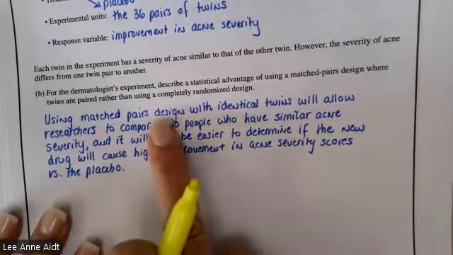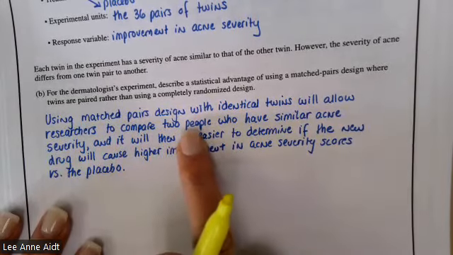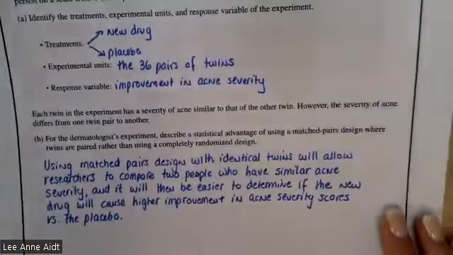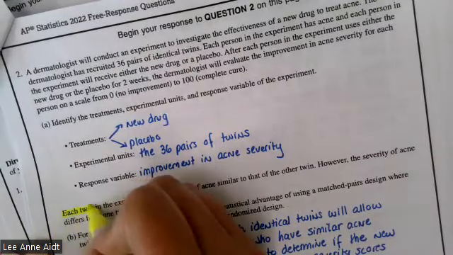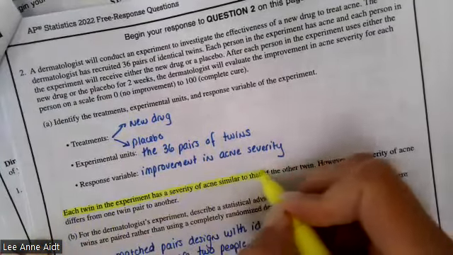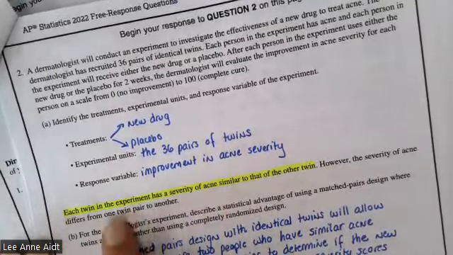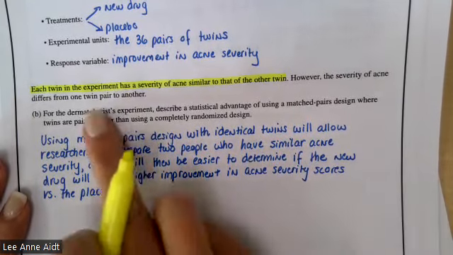Using matched pairs design with identical twins will allow researchers to compare two people who have similar acne severity. So the focus needs to be on this sentence right here. This is the key to the whole thing.